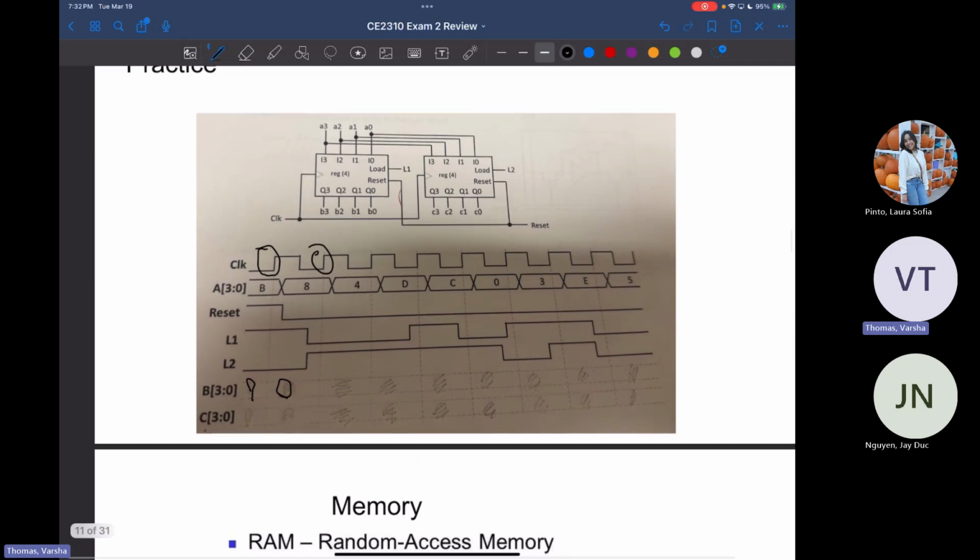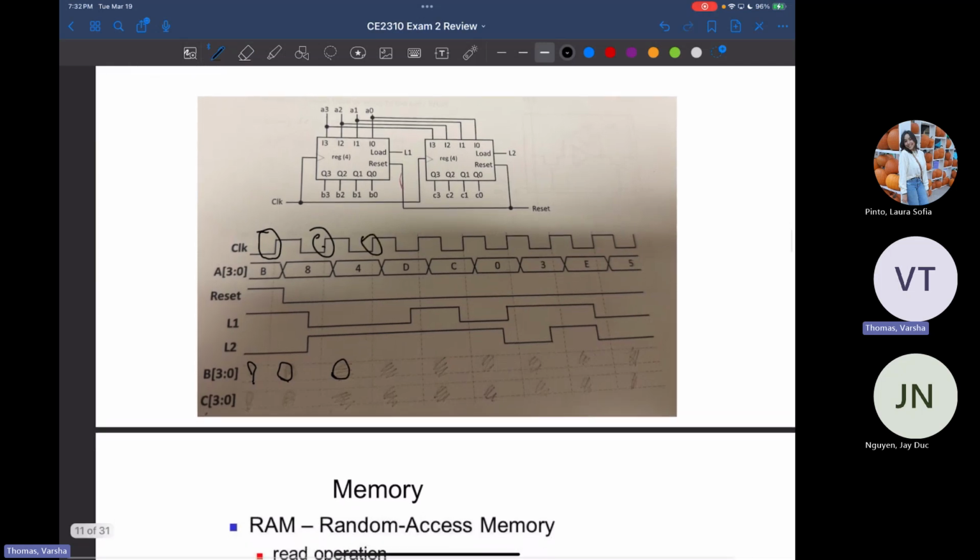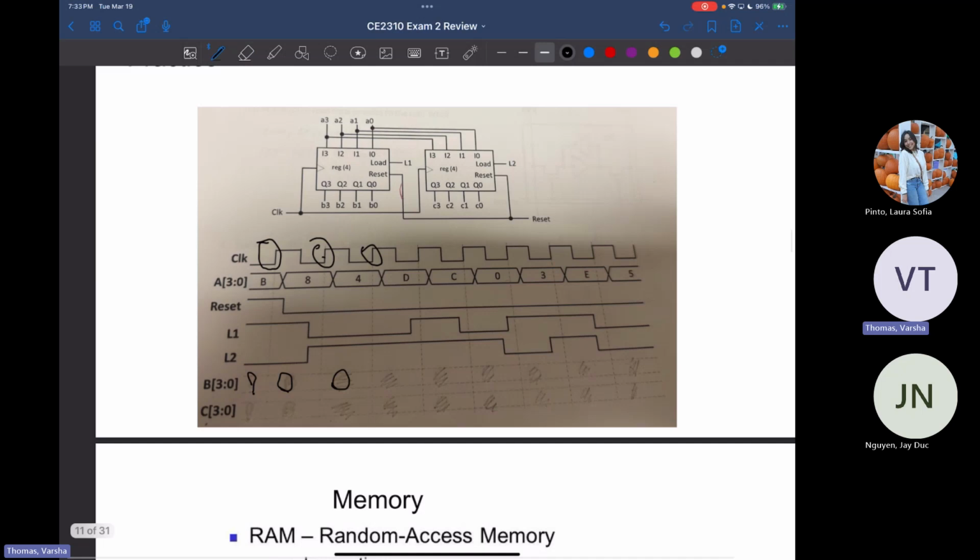And load 1 is at 0, which means that we're gonna stay with 0 and we're gonna ignore the 8 for B. And then we're gonna go to the next rising edge, this one, and we're gonna look at reset 0, so we're good to go. We're gonna look at load 1 is still at 0, so we're just gonna ignore the 4 and we're gonna move on.